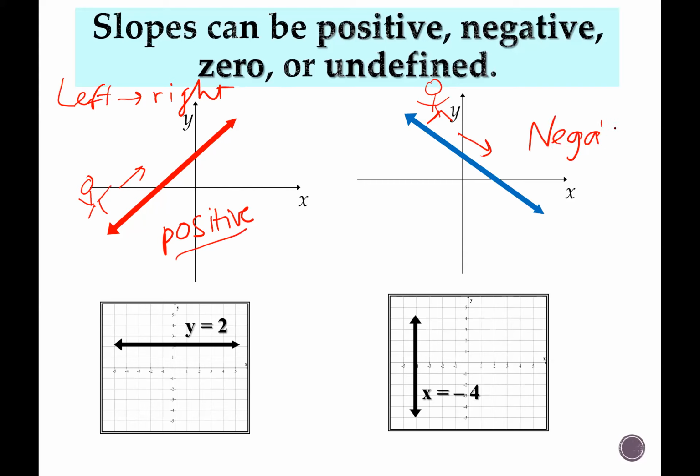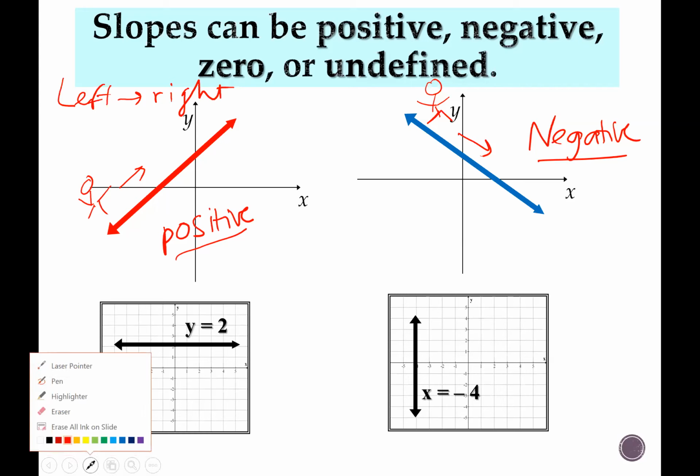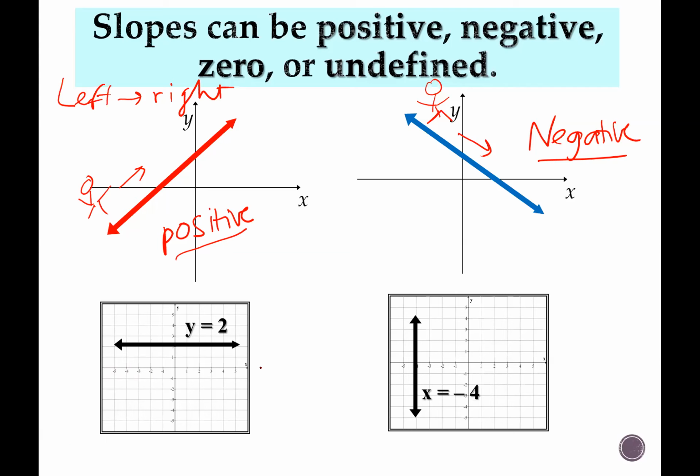Most lines are one of these two things, either going up or going down. Positive or negative. But here are the other 2 types. Horizontal lines going side to side, those are the ones that have a slope of 0. Here's an example. The equation is y equals 2.